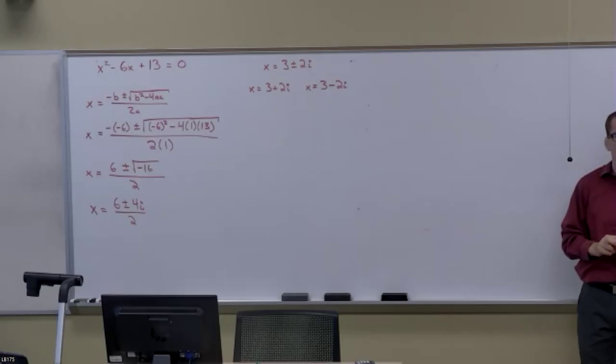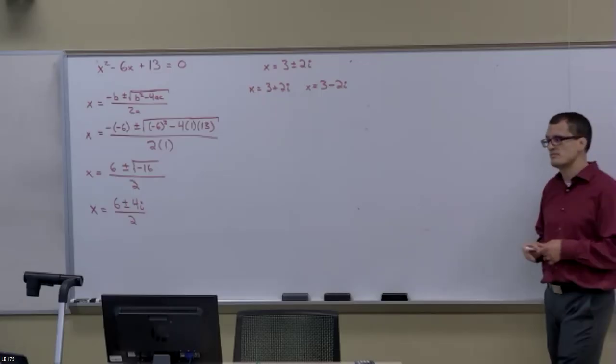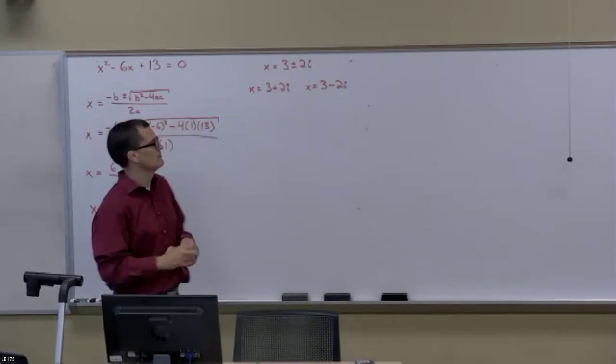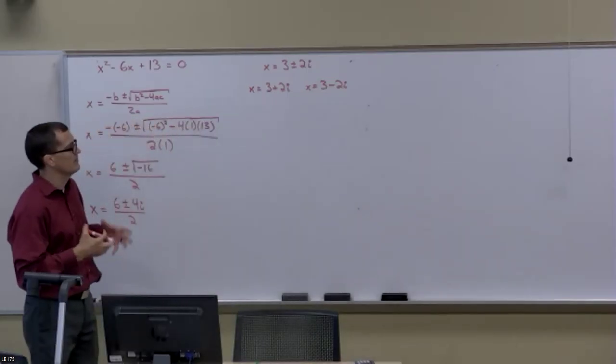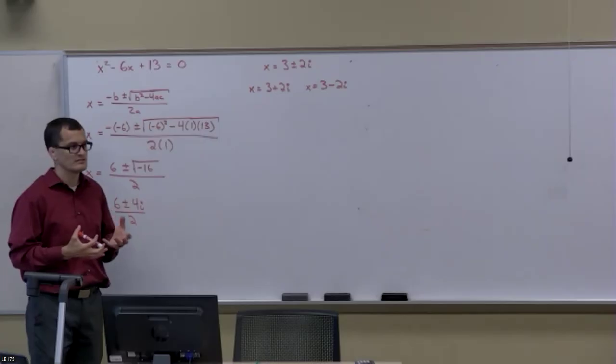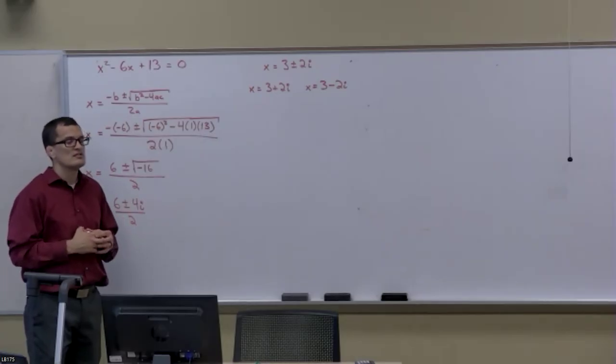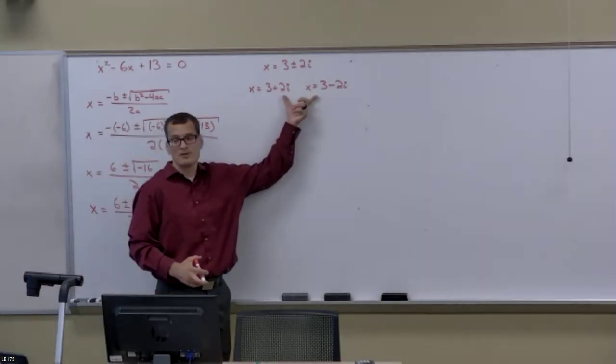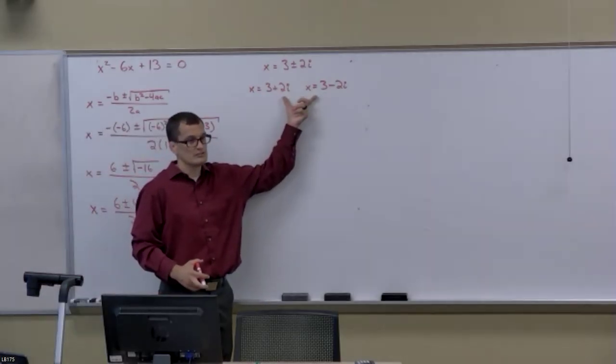By the way, we've had two situations in which we had complex solutions. Did you notice that in the previous example and also in this example, our solutions came in the form of conjugate pairs, complex conjugate pairs?